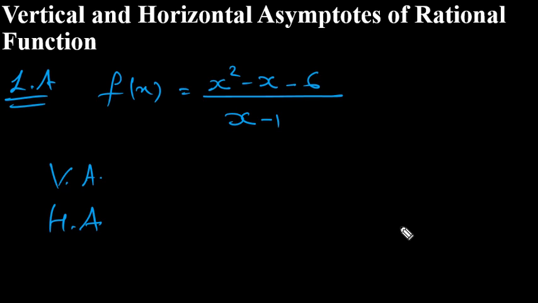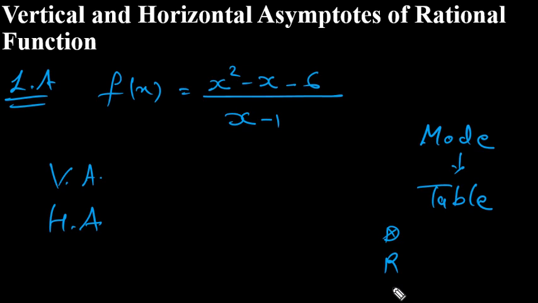Okay, to graph the function, what you can do is use the calculator: press mode, then press table, and in the table take domain, range, and step. So the domain you can decide other than the vertical asymptote, horizontal asymptote, right?